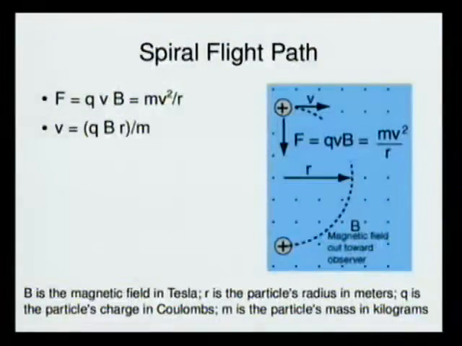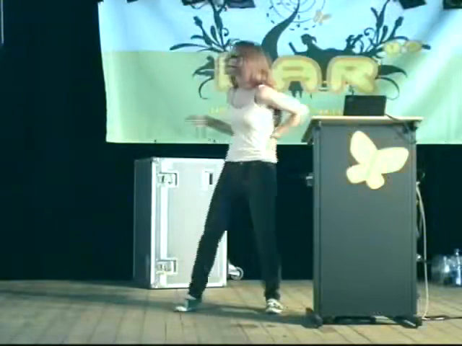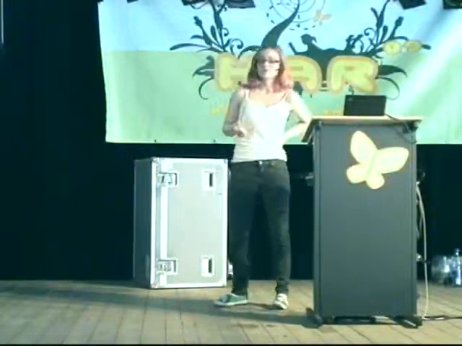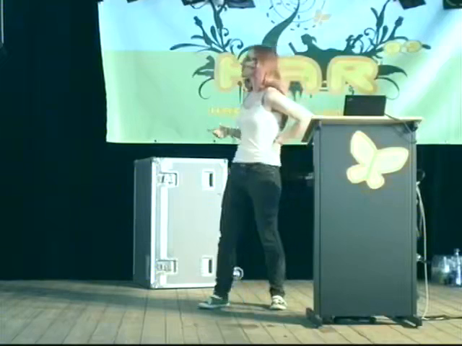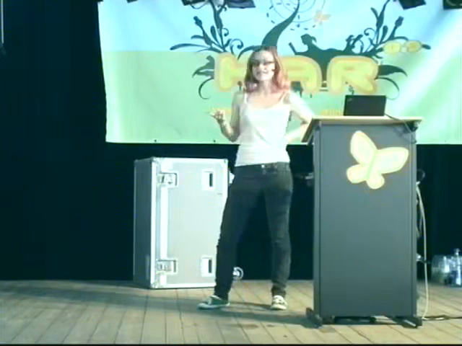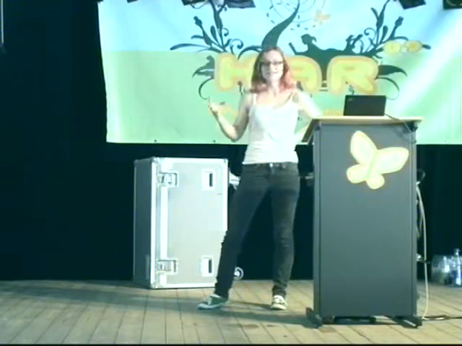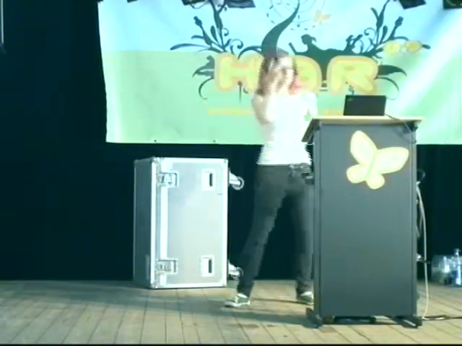Then you take the two parts of that equation, rearrange them, and you get the velocity is qBr over the mass. So now you have an equation for the velocity of the particle in terms of the charge, the magnetic field, whatever its given radius is, and the mass. And those are all known.